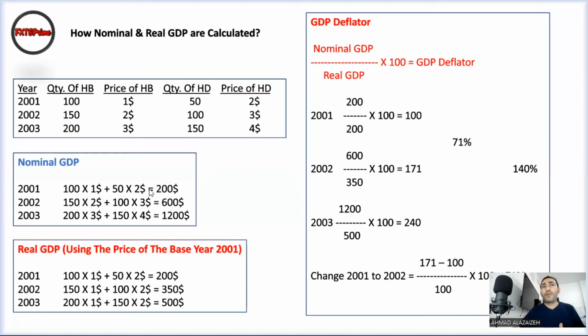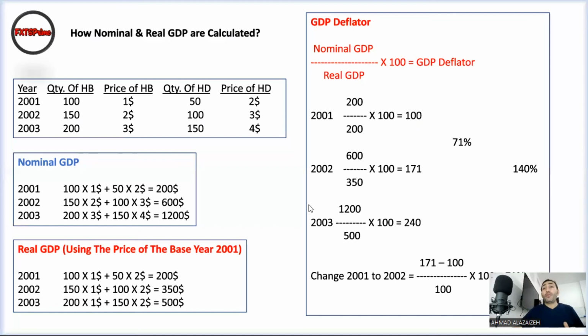And that number will always be the same for the base year. However, in 2002, it was 600 nominal GDP divided by 350 real GDP, multiplied by 100, and the result is 171. So you can see the change of 71%, from 100 to 171.